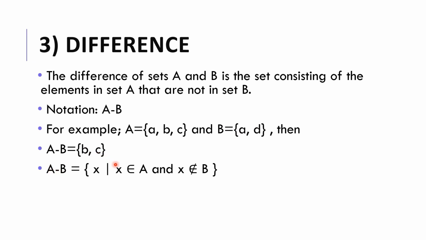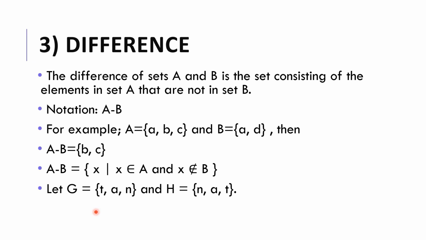So A minus B is the set which contains the elements of set A but not the elements of set B. You can say that it's just set A minus the elements of set B. Now here let G equal t, a, n and H equal n, a, t.